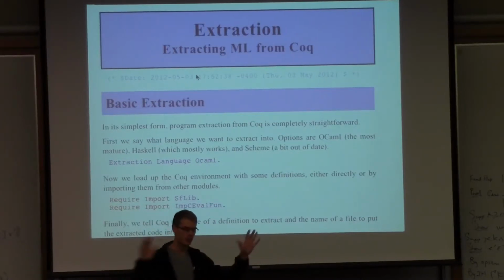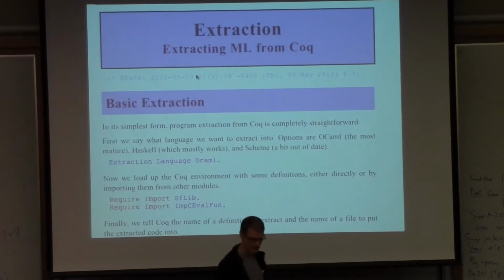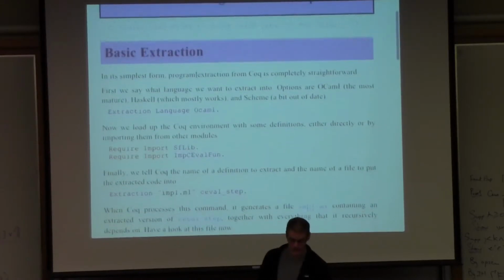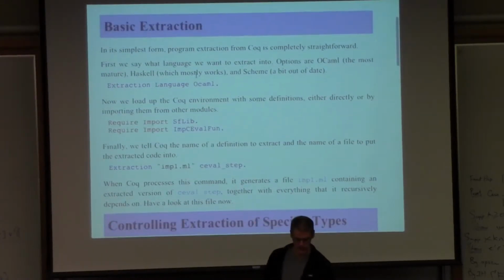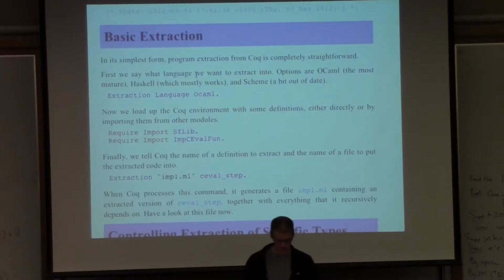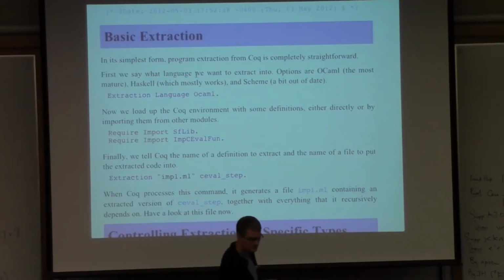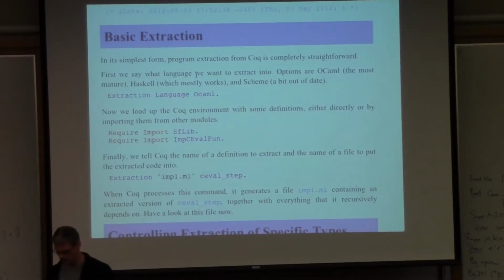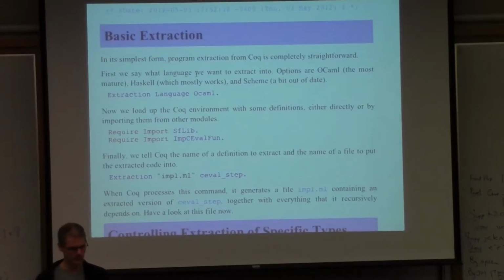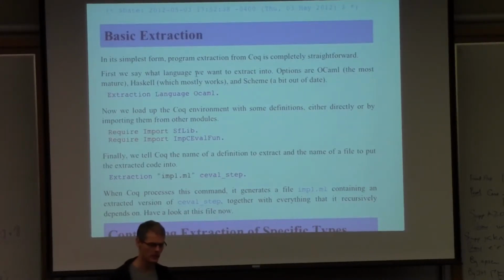Okay, so with that outline, let's look at some simple examples. Here's a really simple example. Let's just look at the evaluator for IMP. Remember yesterday, or two days ago, we were talking a little bit about evaluating IMP programs, and I said you can have an evaluation function or an evaluation relation.